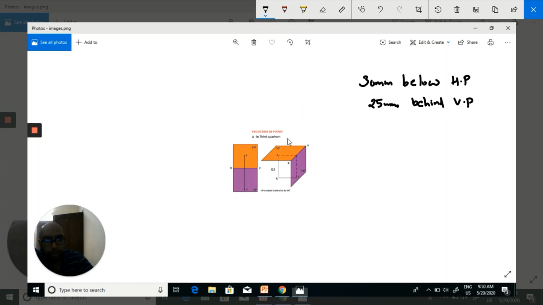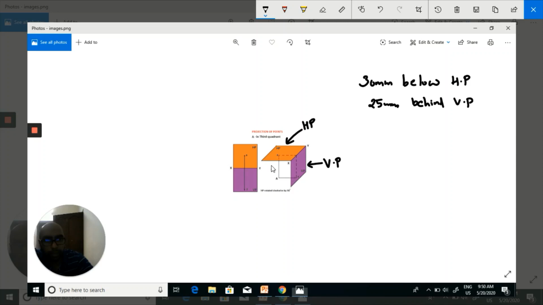So this is HP and this is VP. It will be in the third quadrant, since it is below HP and behind VP.